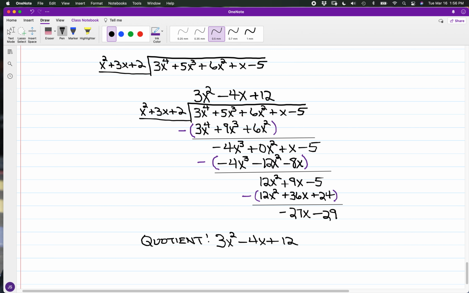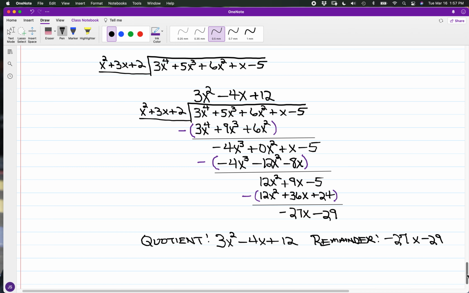And as for the remainder, this is going to be this binomial, so we'll end up at negative 27x minus 29.